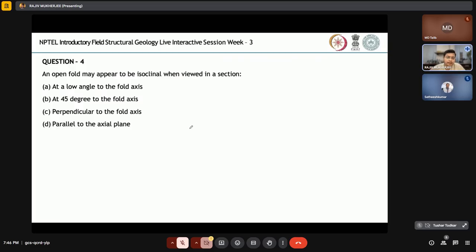Now, if we follow what is an open fold, that means it has very low dipping limbs, right? So the open fold might look like this actually.